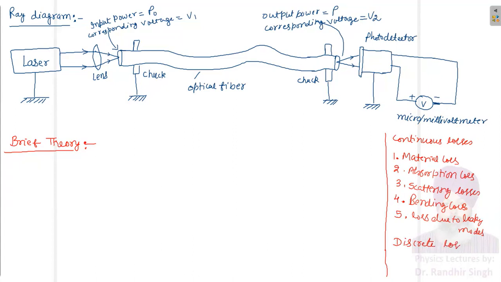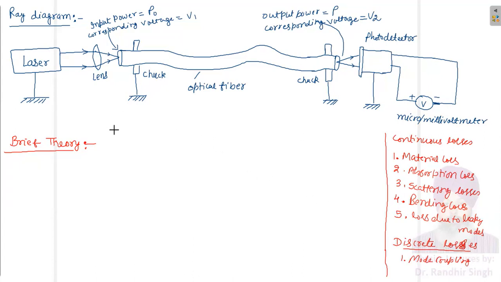So discrete losses are the losses at the joint. Mode coupling loss is one of the important discrete losses in the optical fiber.